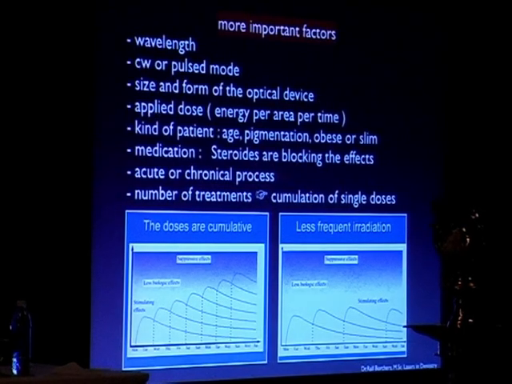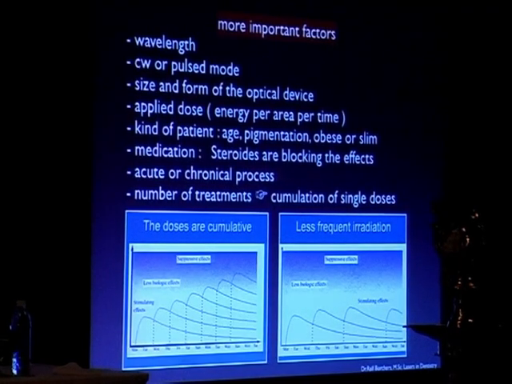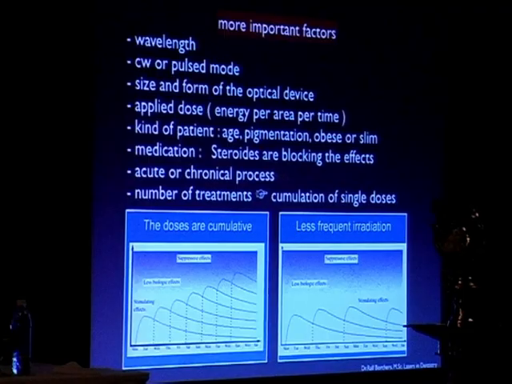Another important factor is how often you should use low-level laser therapy. If you have an acute phenomenon, you can use it 2 days after another, then you have to make a break.